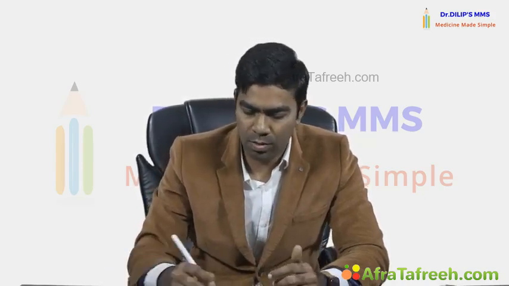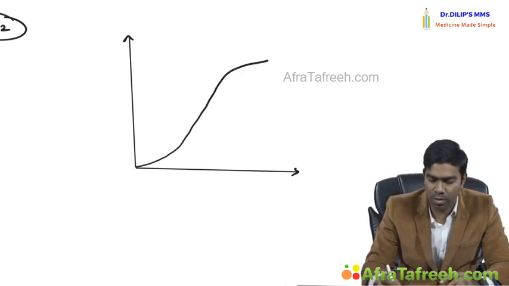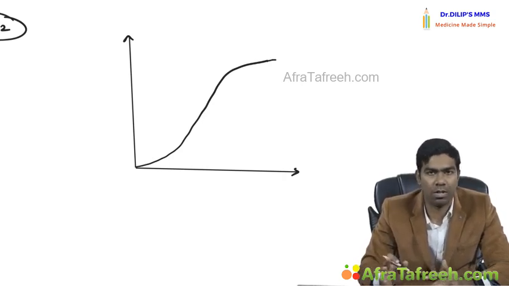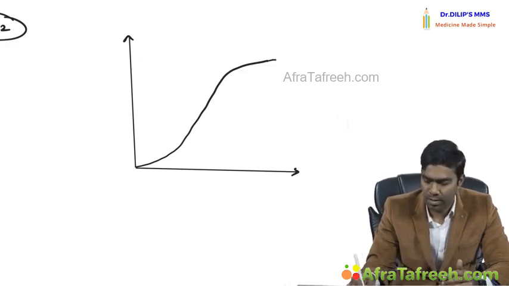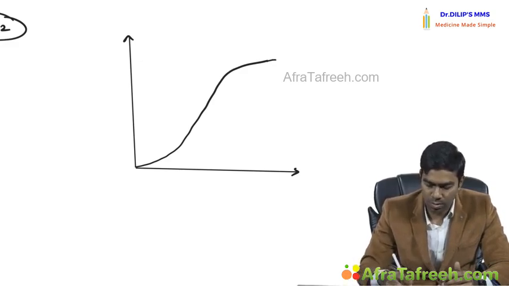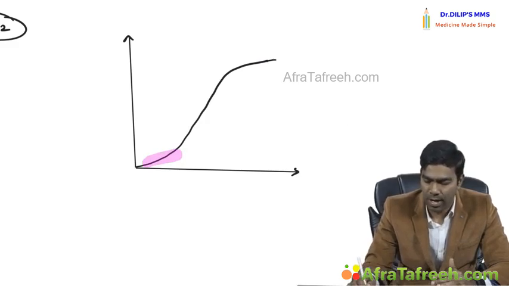First of all, you have to know that this curve follows a sigmoid shape, which is very important to understand. It's not going to be like an exponential curve. It's going to be a sigmoid curve. Clear? Since it's a sigmoid curve, you can see two things. In the beginning, the curve is very flat, and in the later part also the curve is very flat.